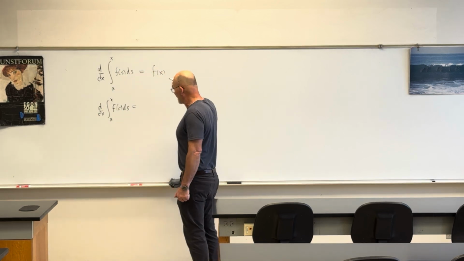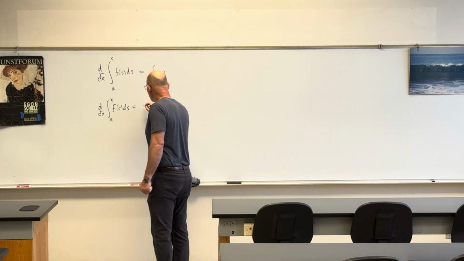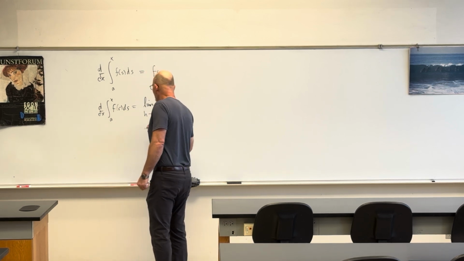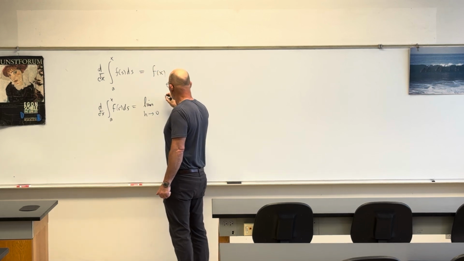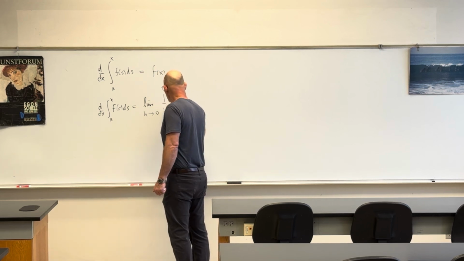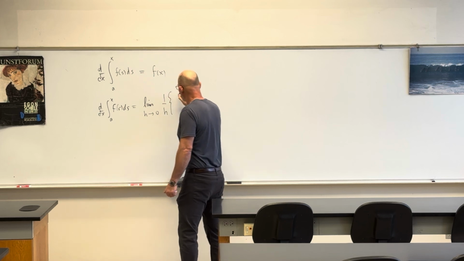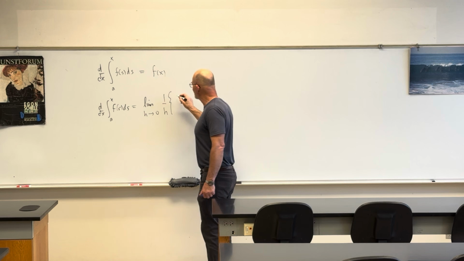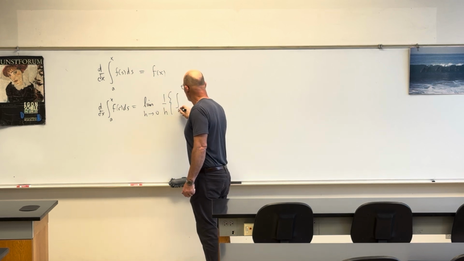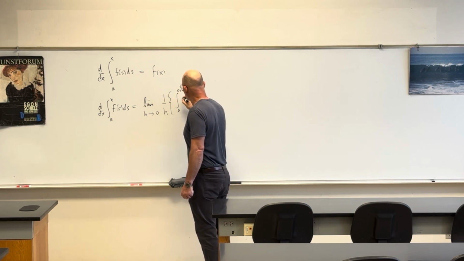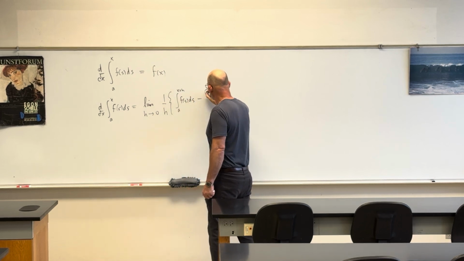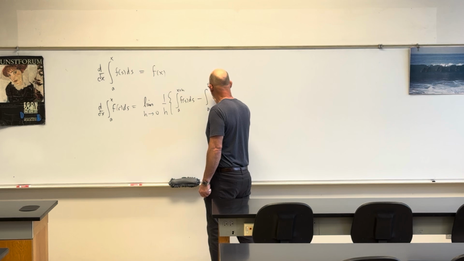We just take the definition, it's the limit as h goes to 0 of 1 over h. So I'm just going to plug in the definition of the derivative. So 1 over h times the integral from a to x plus h of f of s ds minus the integral from a to x of f of s ds.